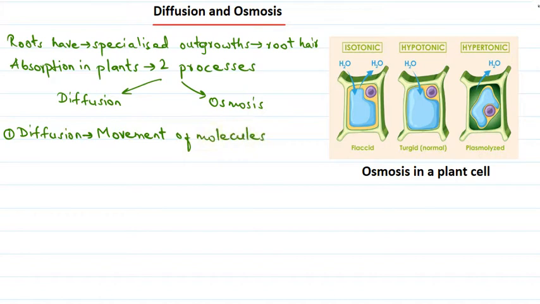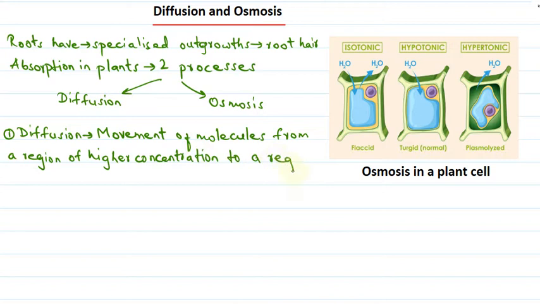It is the movement of molecules that takes place from a region of higher concentration to a region of lower concentration. So we can define diffusion in this way.